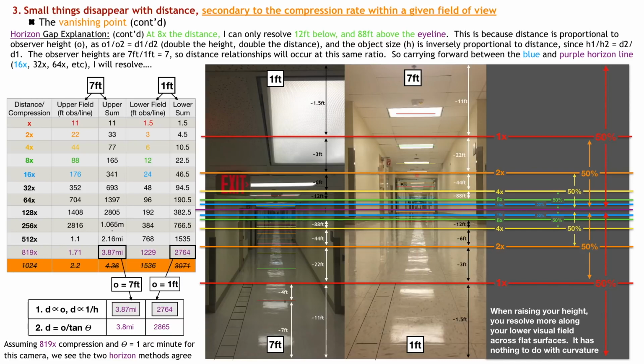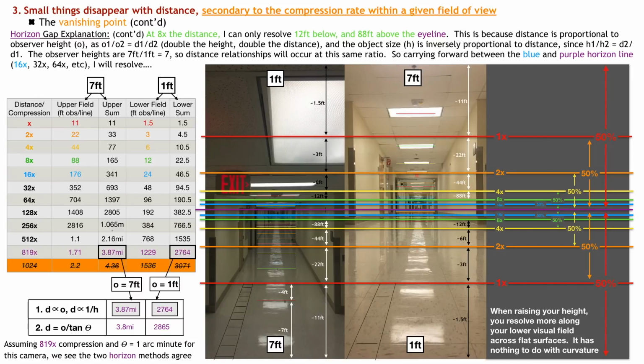So we can extrapolate this table out, and we see that if we carry it forward at about 819x compression, we've reached roughly what the angular resolution limit would be for a 1 arc minute resolution, which is roughly 2,764 feet away from us.